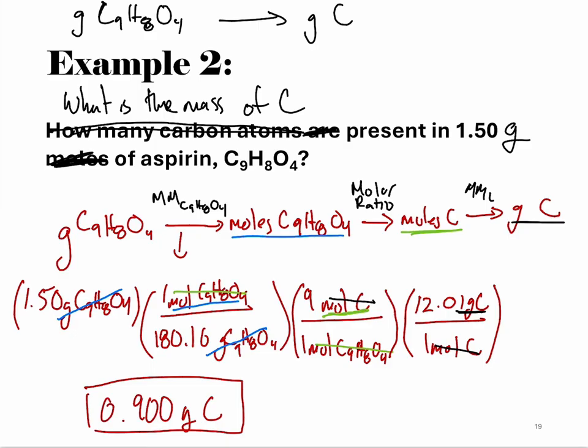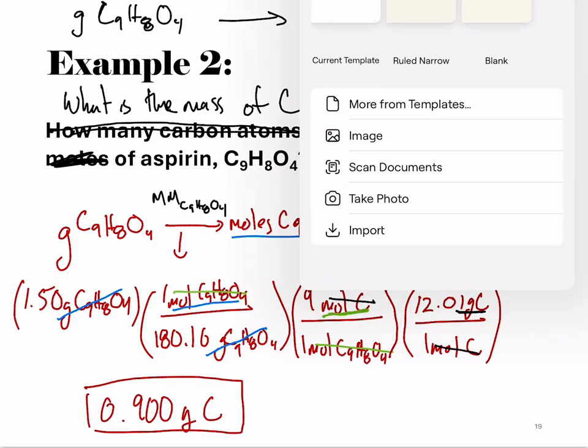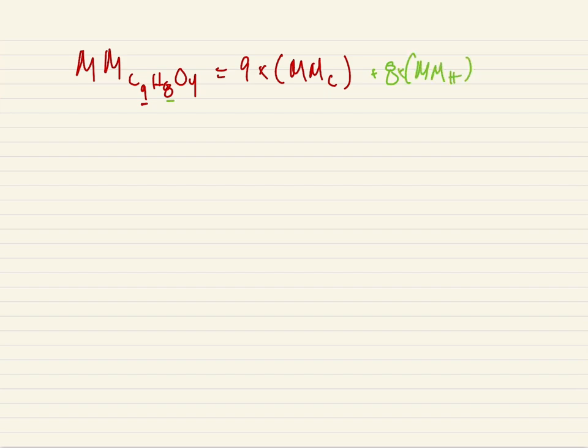Right? Did you get the molar mass of aspirin? So the molar mass of aspirin, I'll go back to the slide in a second. Molar mass of C9H8O4 is equal to 9 times the molar mass of carbon, because there's 9 carbon atoms, plus 8 times the molar mass of hydrogen, because there's 8 hydrogen atoms, plus 4 times the molar mass of oxygen.